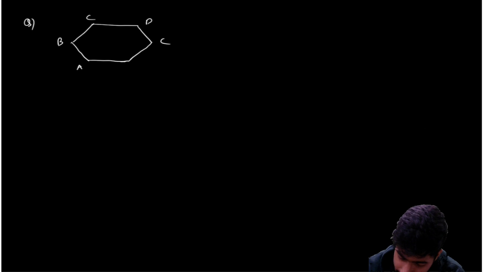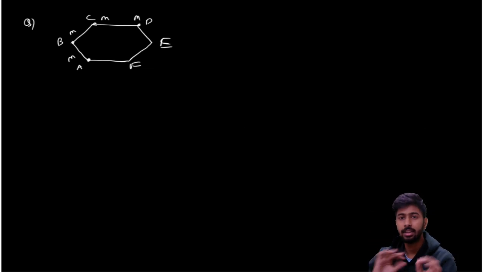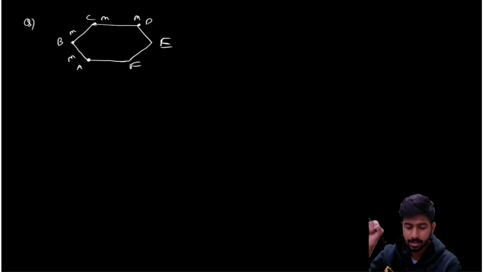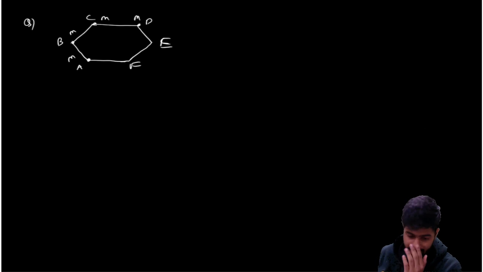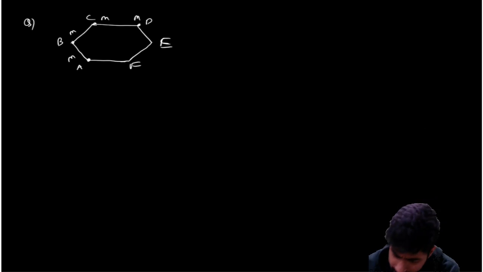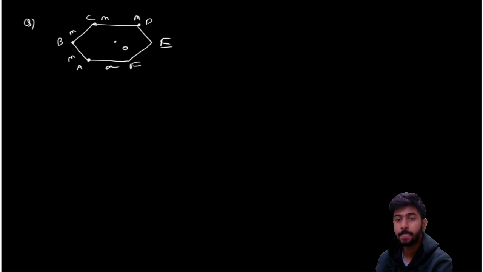You have four masses here, M, M, M, and M, placed at A, B, C, D. There are four masses, one at A, one at B, one at C, one at D. And the side of this hexagon is A. You need to find the gravitational potential at the center O.